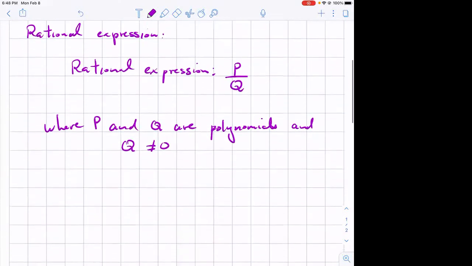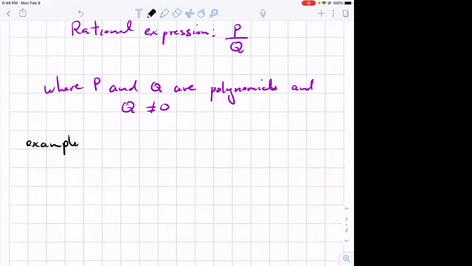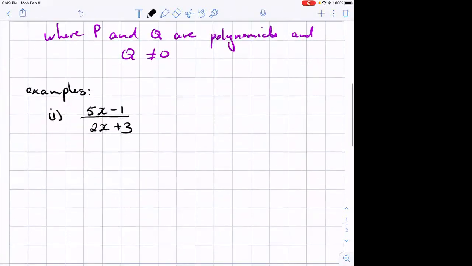Some examples: we have, for example, 5x minus 1, that's a polynomial, and if we divide that by some other polynomial, 2x plus 3, this is one example of a rational expression.